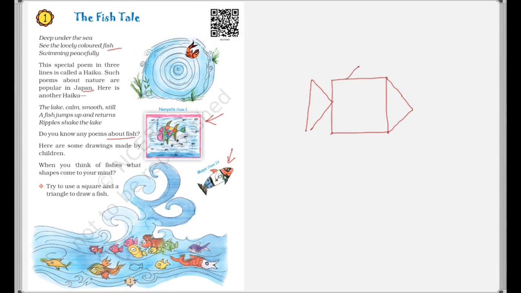Then we have one smaller triangle over here, one smaller triangle over here. So this somewhat looks like a fish. So in a similar manner you can also try to make fish using squares and triangles.